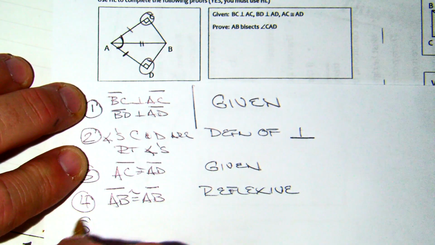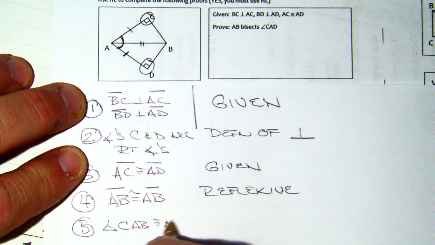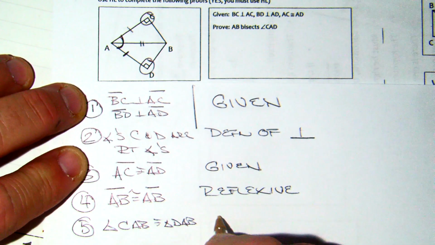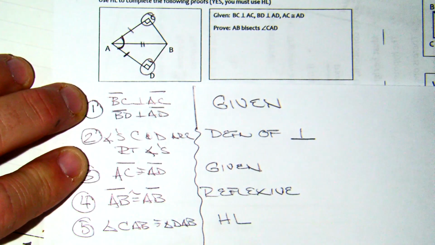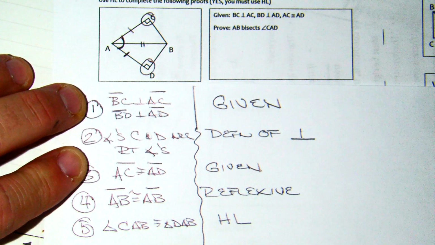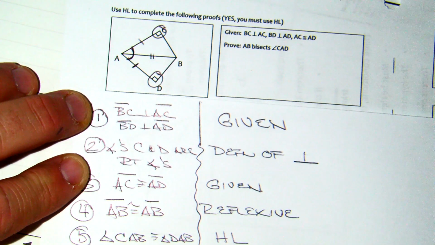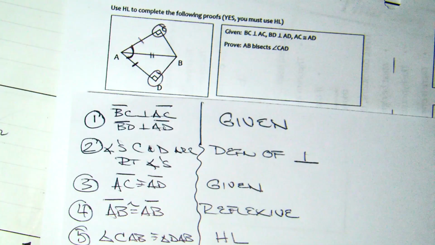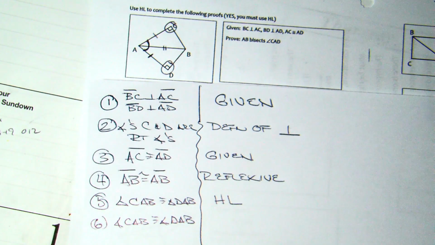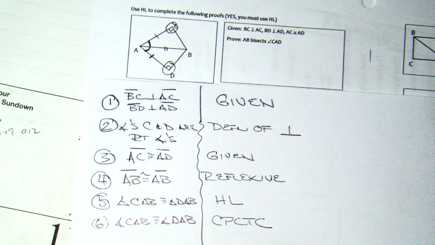So number 5, triangle CAB congruent to triangle DAB, our new best friend, hypotenuse leg. 6, angle CAB congruent to angle DAB. Again, you can number those if you'd like. Feel free. That is going to be what 5 letters? CPCTC.